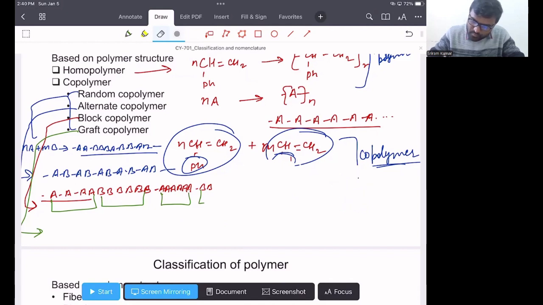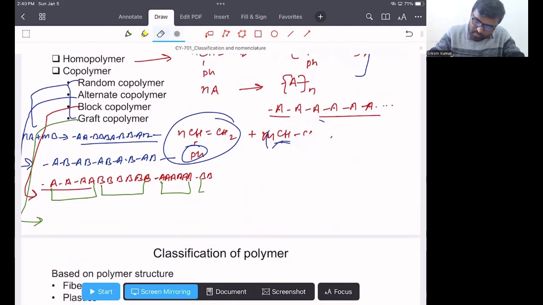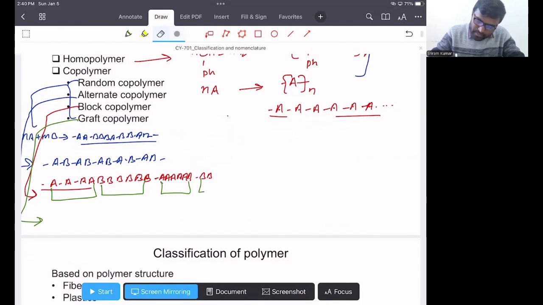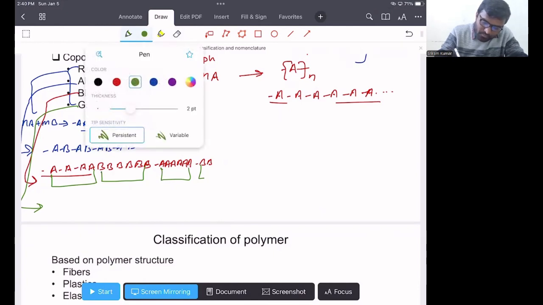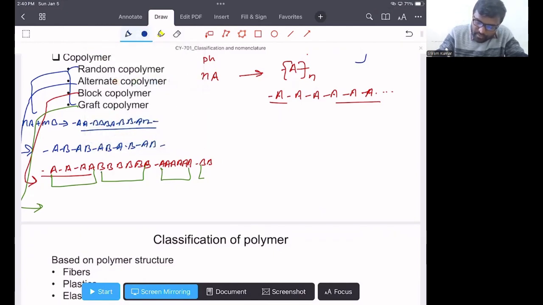So in the graft polymers, for example, we have a homopolymer of A, right?